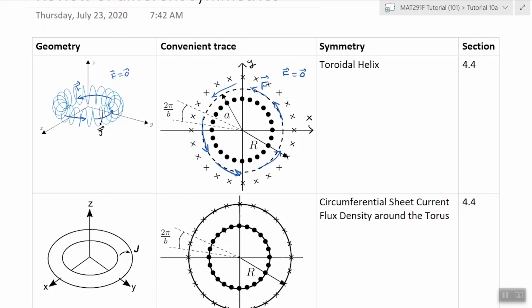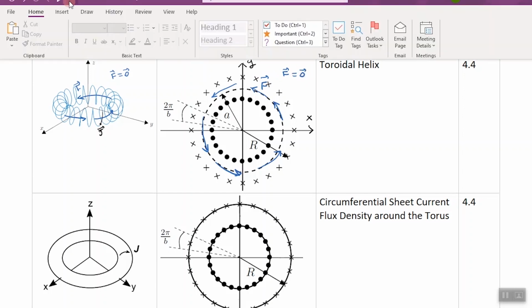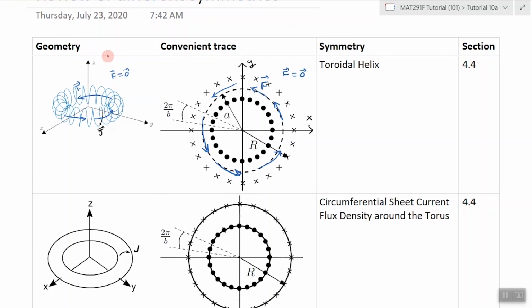Now, the contour that you would select for this problem is going to be the one that captures the current nicely. So the normal vector to the corresponding surface would be aligned with the current. You could make it same direction or opposite direction, but you just want to make sure that you're capturing the currents. So this would be your contour, for example, in this direction.